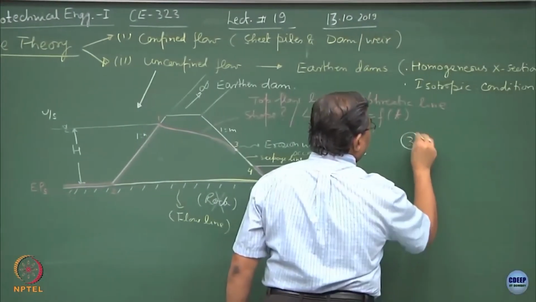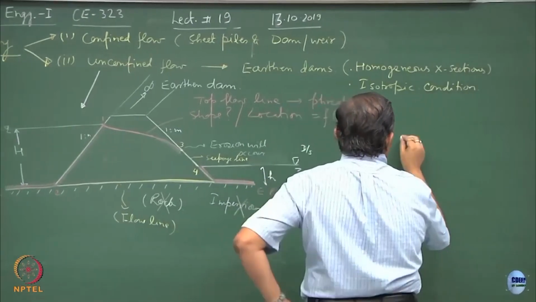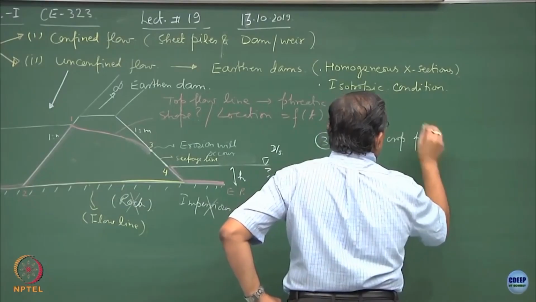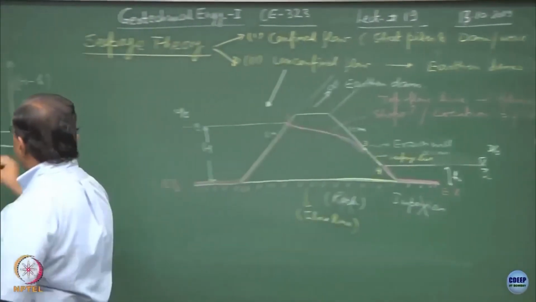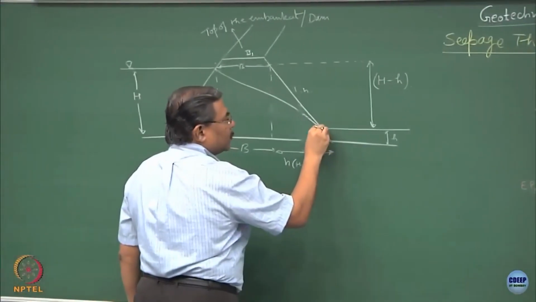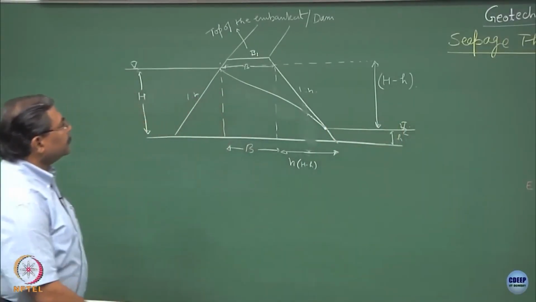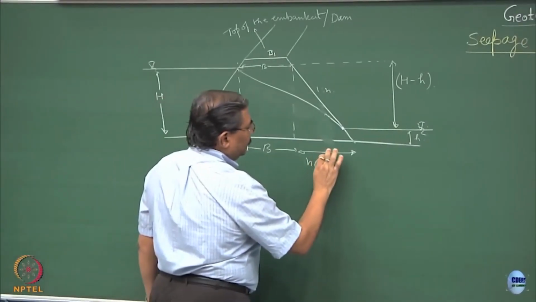Point 3 is known as the outcrop point. So, in this case outcrop point 3 happens to be meeting with the tailwater. Is this okay now?